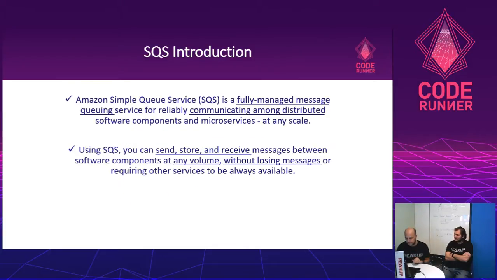So let's start. What is SQS? SQS is a fully managed platform service to create a queue without dealing with the infrastructure. You just create a queue in your console on one screen, and then you have a distributed queue service.